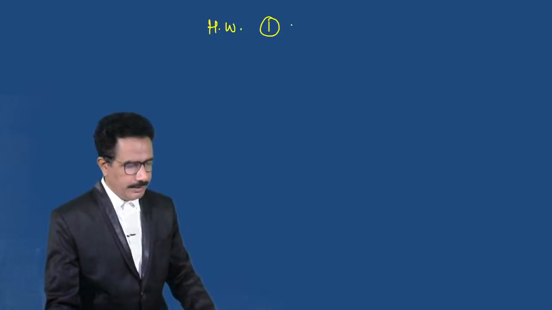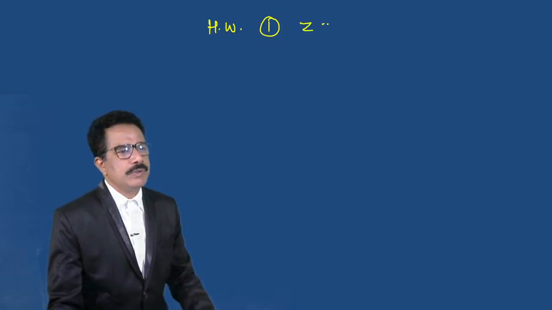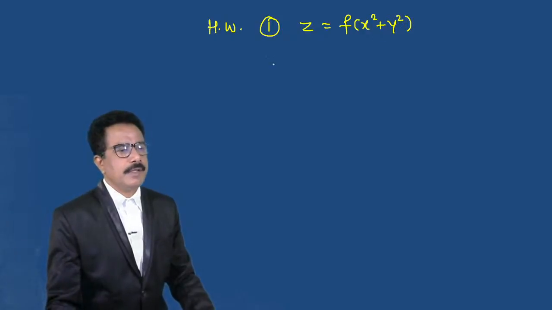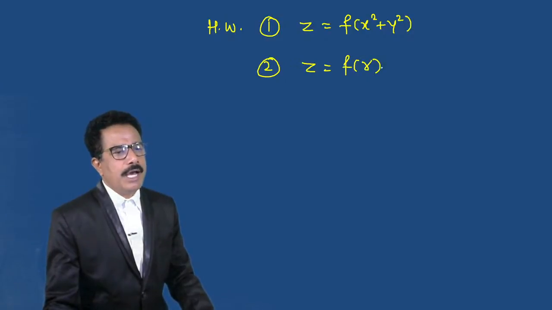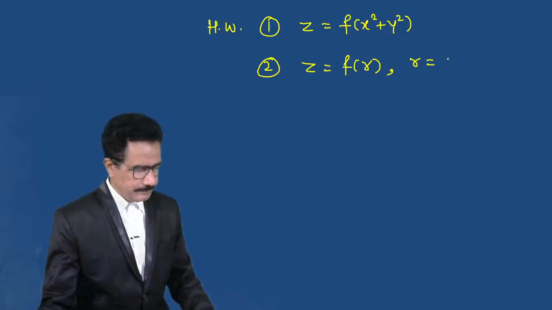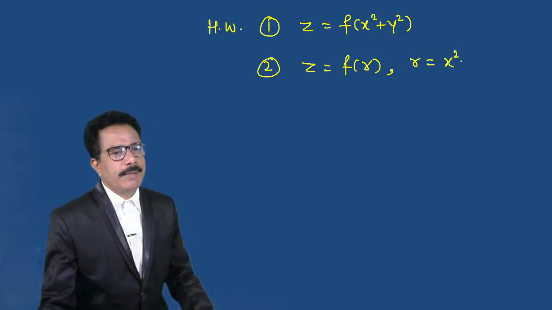First, z is equals to f of x square plus y square. Second, z is equals to f of r, comma r is equals to x square plus xy plus y square.